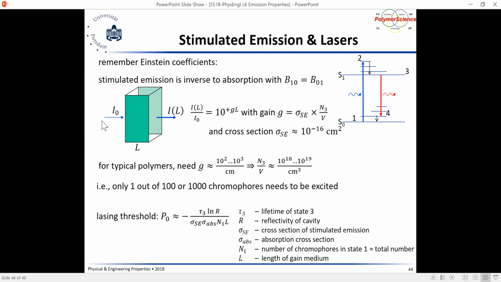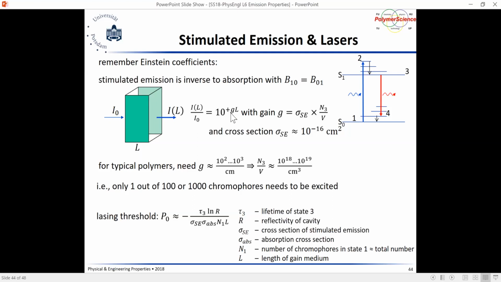So when you do transmission through a gain medium, the transmission that comes out over the initial transmission equals 10 to the power of gain, which is G, times the depth of your gain media, L.